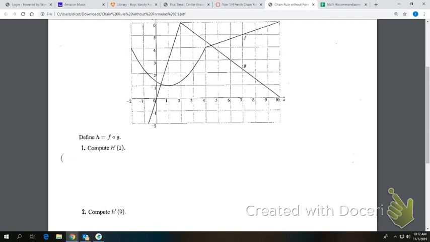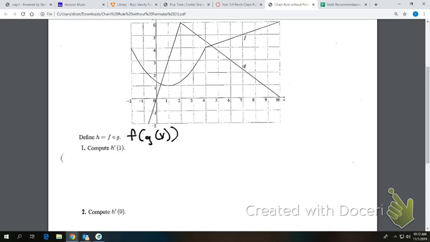Okay, they're telling us h is, what's another way to write that? Is that f of x times g of x? No, that's what? How should I write that? F of g of x. Everybody agree with that? Okay, so let's just go ahead and write this now.